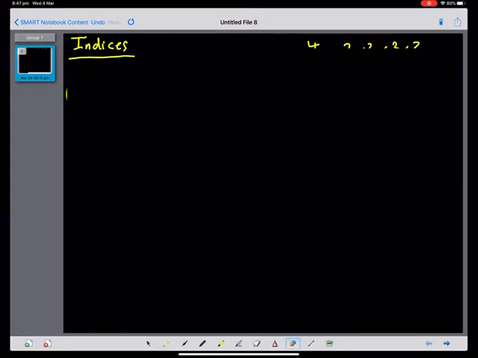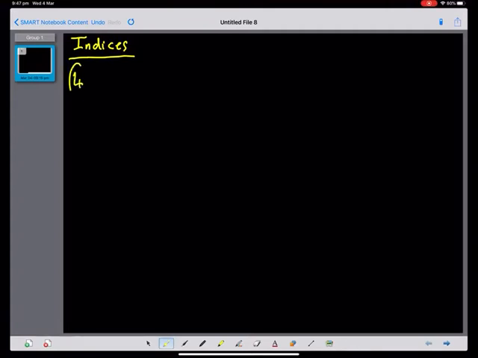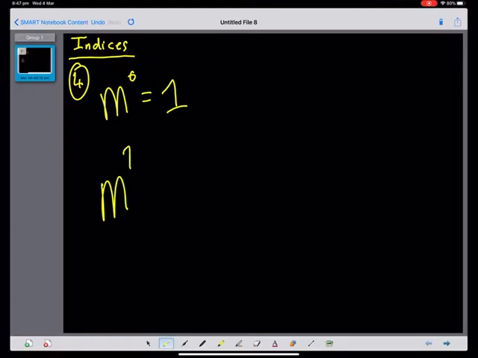And let's explore why m to the 0 is 1. Okay, well, let's use a numerical example. Let's use m to the 7 divided by m to the 7. Now, we know that this is going to be 1.